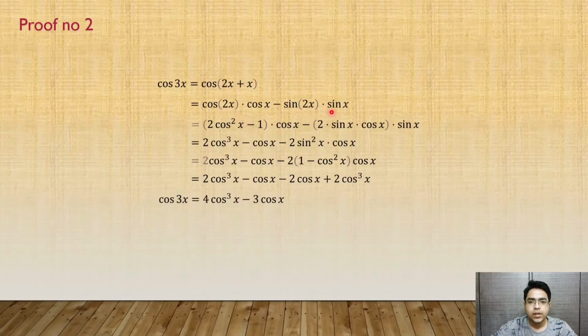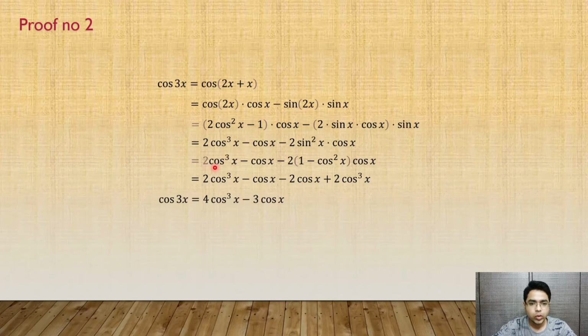Here we have substituted for cos 2x. Now we will be substituting for sine 2x. The sine 2x formula is 2 sin x into cos x, into the sin x which is written here. Now multiplying this cos x in this bracket, we will be getting 2 cos cube x minus cos x minus 2 sin square x into cos x.